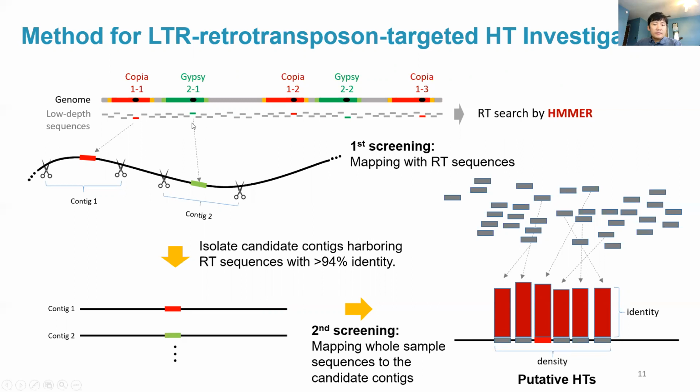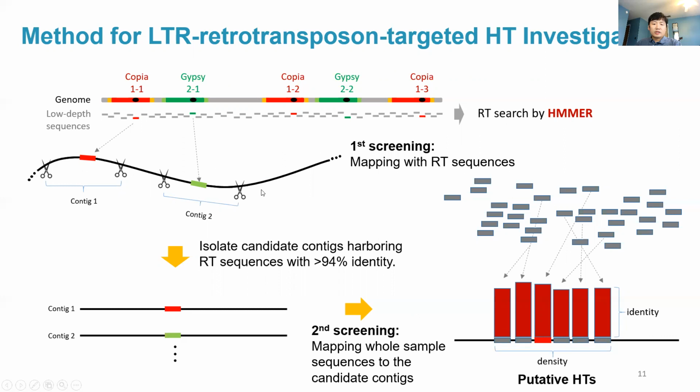The first step is generating low-depth NGS sequences from the plant genomes for investigation that are expected to contain horizontally transferred LTR-retrotransposons.